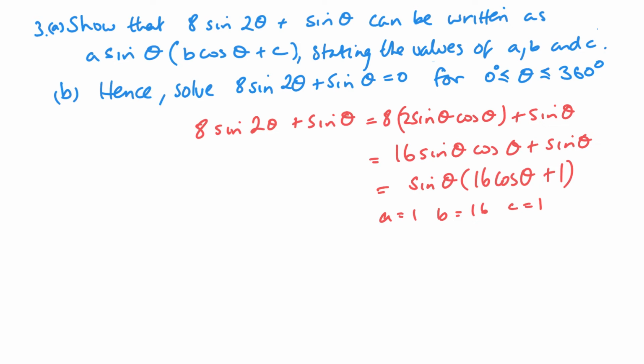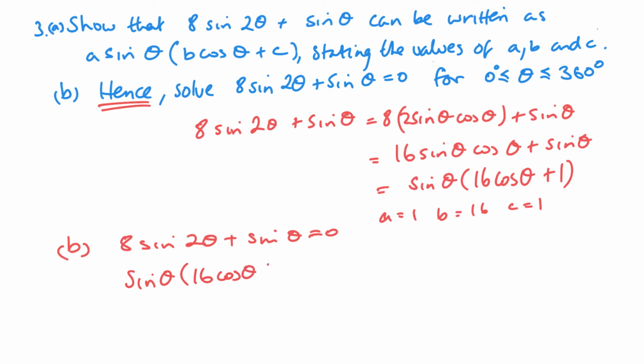Part B, hence. So remember when you see hence, it means that your answer to part A or the previous part will help you. So we need to solve 8 sine 2 theta plus sine theta equals 0. So that means I can replace it with sine theta bracket 16 cos theta plus 1 equals 0.